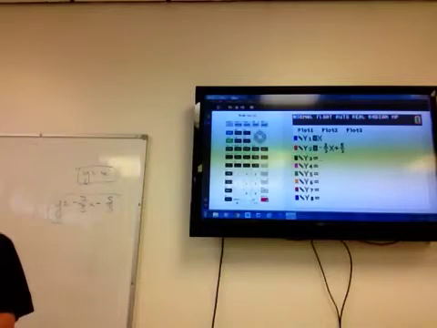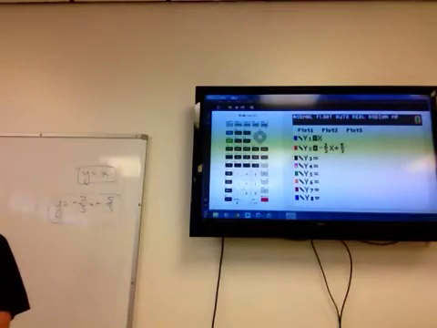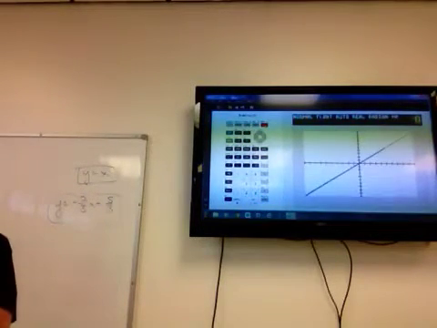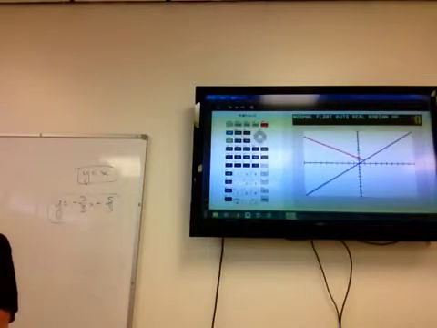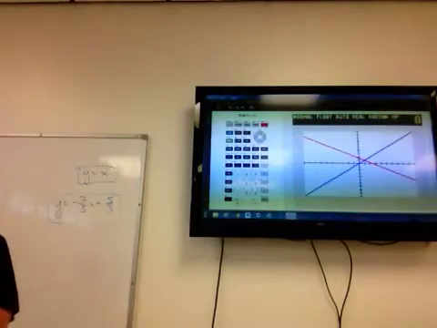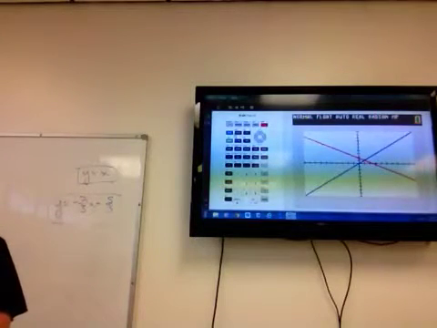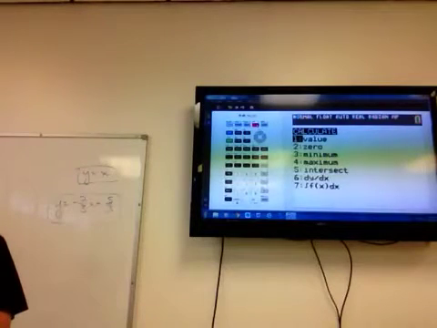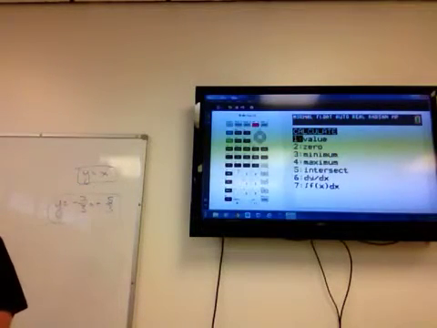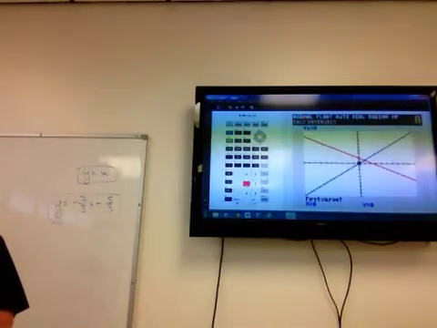Once my equations are input, I graph by pressing the graph button. And then I'm going to calculate the intersect. So second trace, that's my calculate. Number 5, calculate the intersect.